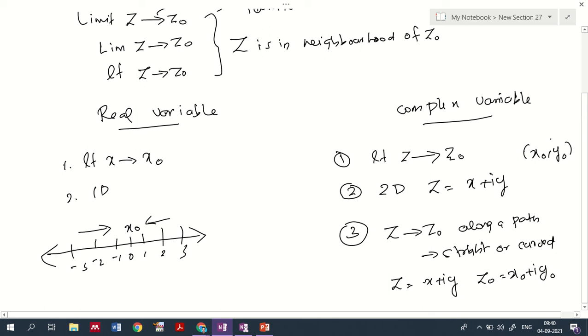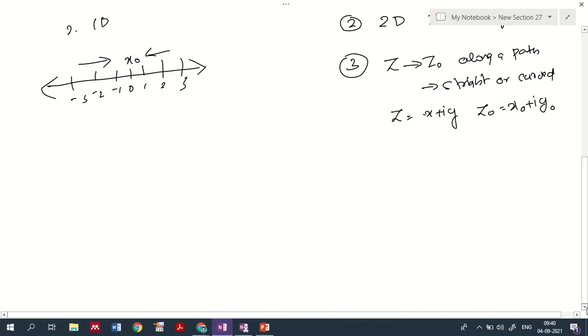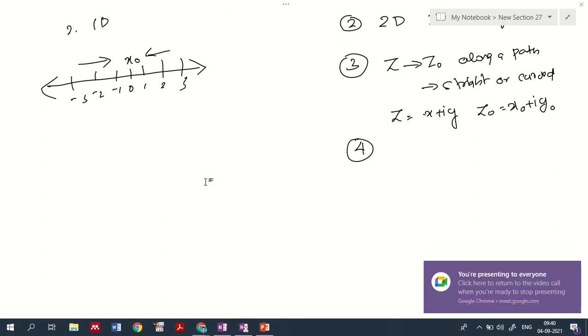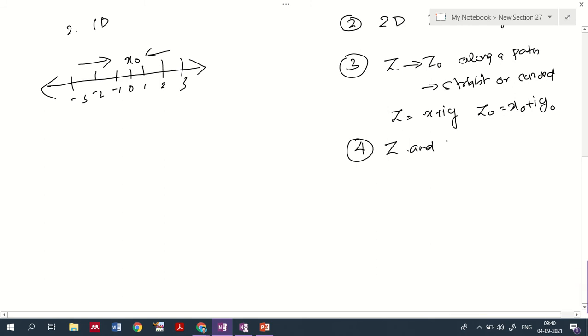So z and z0 are two points in a coordinate system, and they can be joined by an infinite number of curves.